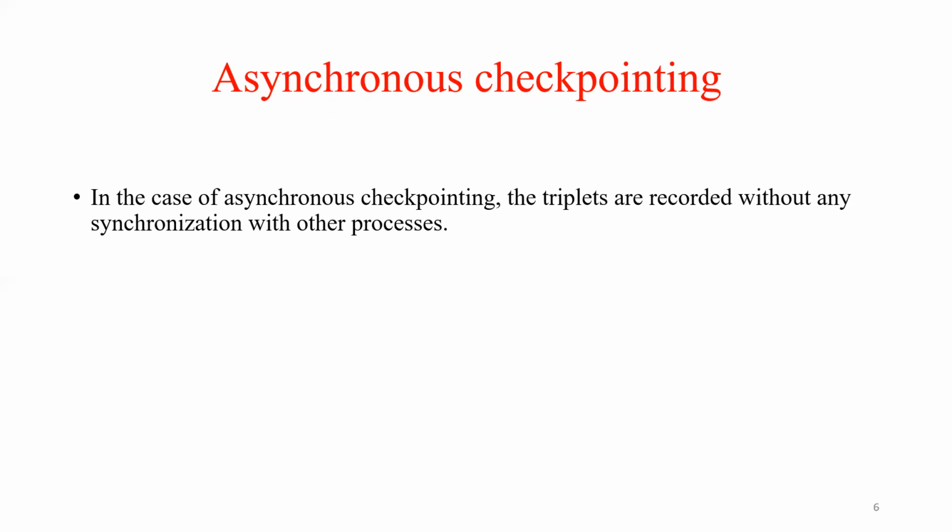The processes will not communicate with each other to take the checkpoint. So the checkpoints are asynchronous. There is no synchronization in taking checkpoints. The triplets are recorded without any synchronization with other processes.